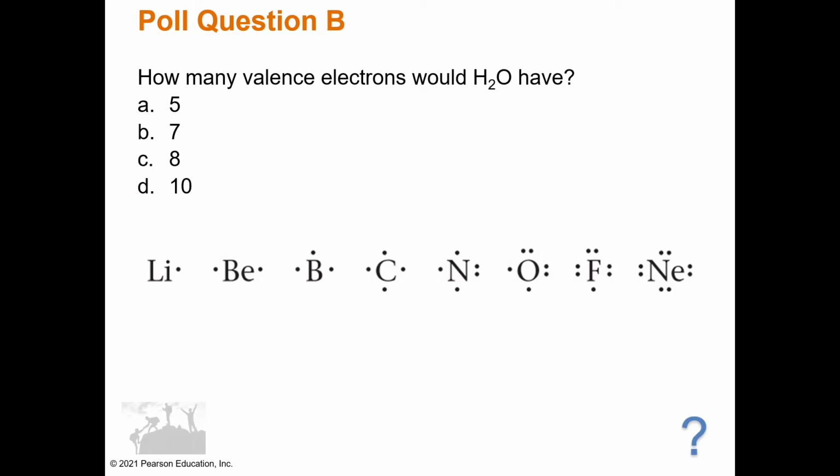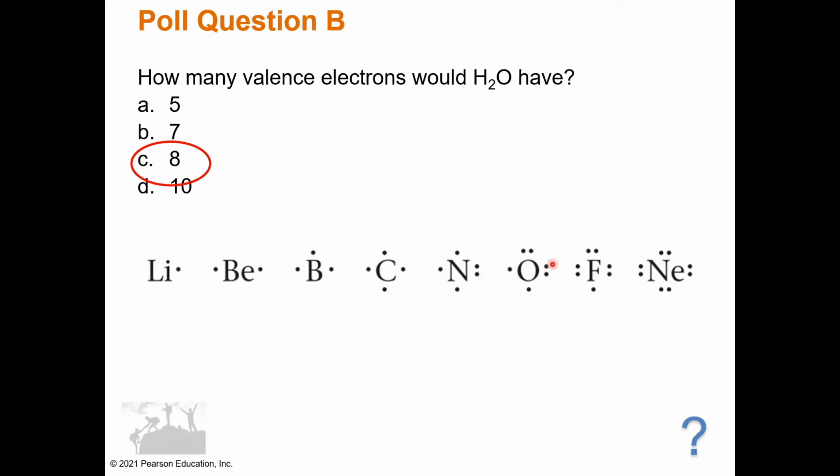Now we have water, H2O. So how many valence electrons would H2O have? Pause the video, think about it, and when you're ready for the answer, click play. Okay, so the answer is 8.